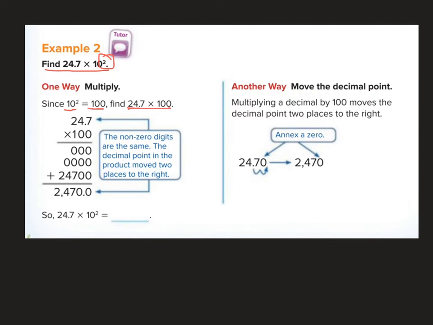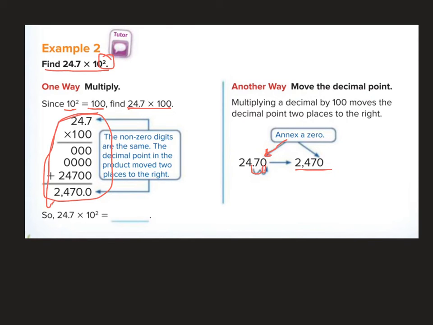So my option, if I forget the trick, is I can multiply it out. Now look at all that work. Whereas here, I would need to add a 0. They call it annexing a 0. Add it in. I would move it 2 spots. So now I get the answer of 2,470.